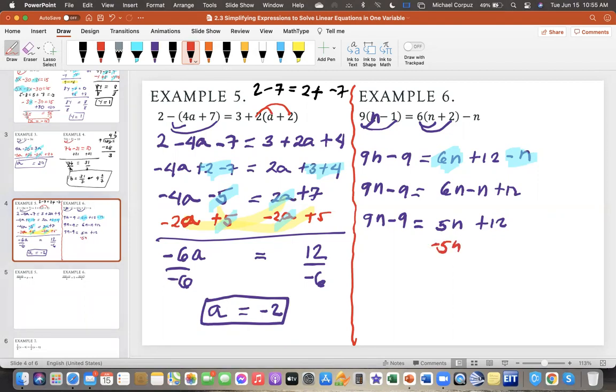If you want to combine like terms, we have to get your n to the left. So minus 5n. How about your -9? Let's bring that to the right side. So we do plus 9, plus 9.